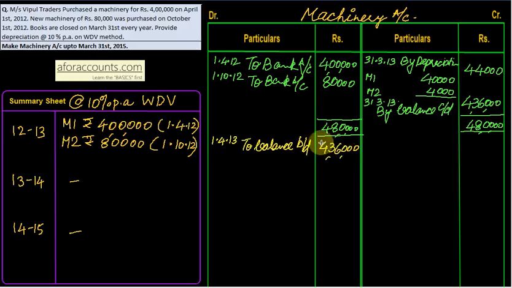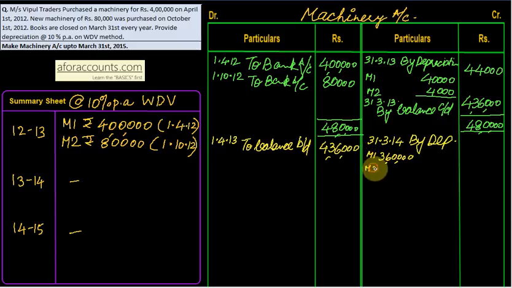And now entry of depreciation as on 31/3/14, because there are no additions or subtractions to machinery. So by depreciation: see, it is the written down value method, so now you will not take the base amount. 4 lakh minus 40,000, the first year's depreciation, gives the written down value, that is 3,60,000 for machine 1. 3,60,000 is your written down value.